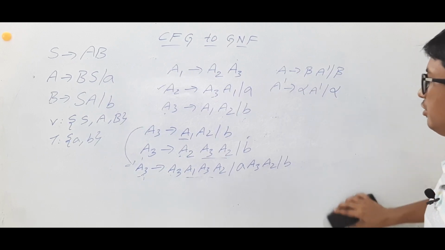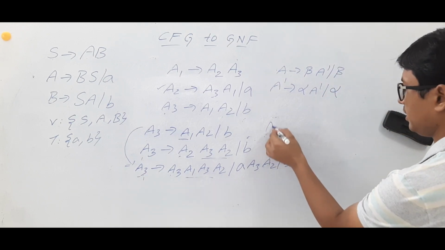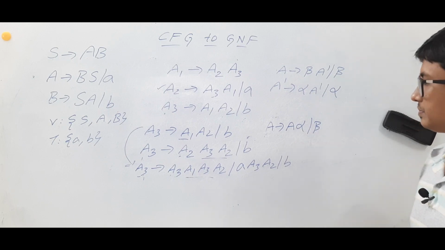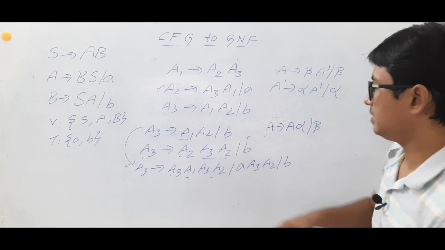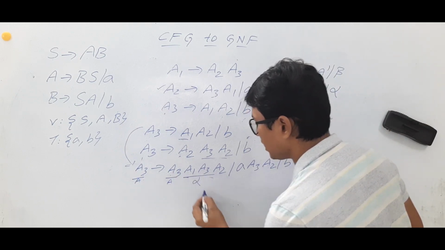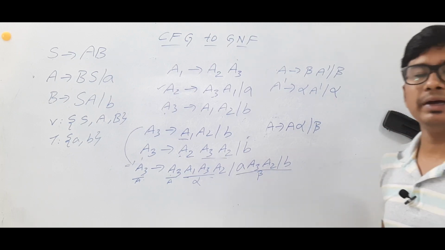Okay, now if you consider this one, A determines A alpha or beta. Am I right or wrong? This is in this form. This is my A, this is my A, this is my alpha, and this entire thing is my beta. Am I right or wrong?